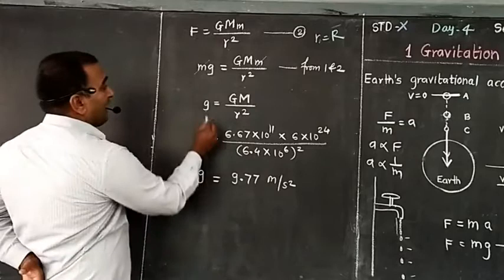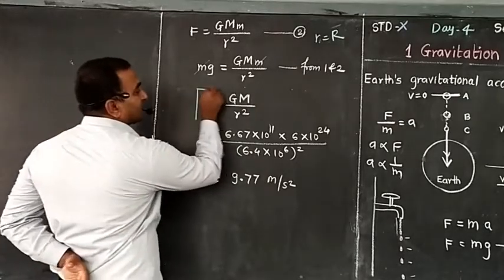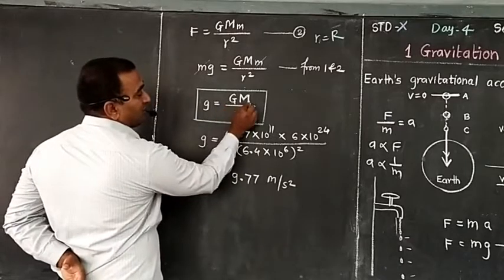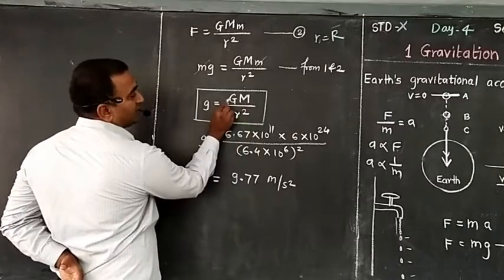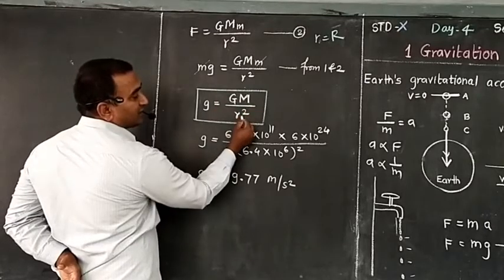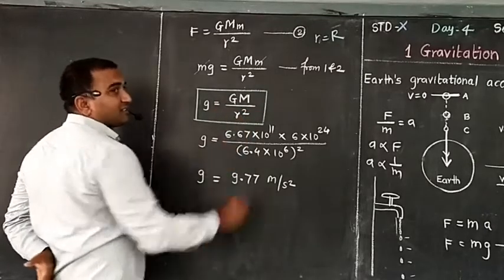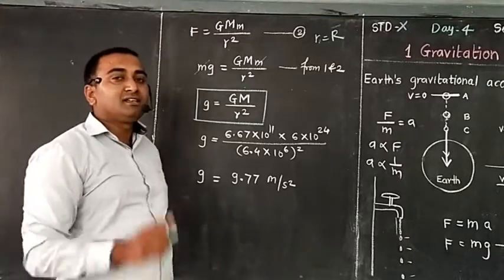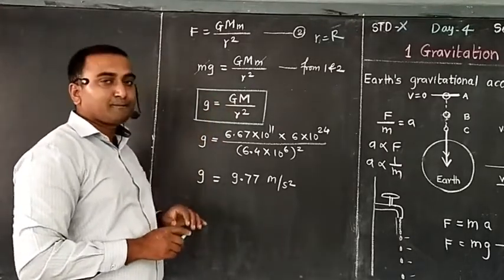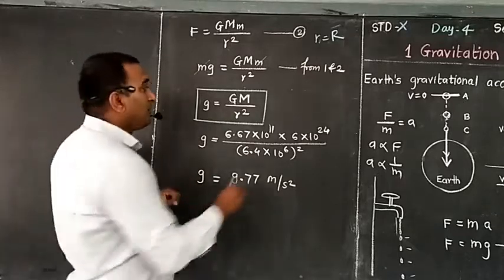That means finally we are getting acceleration due to gravity is equal to GM divided by r square, that is, gravitational constant into mass of earth divided by square of the distance between the center of earth and that object's mass center. Have you noticed?